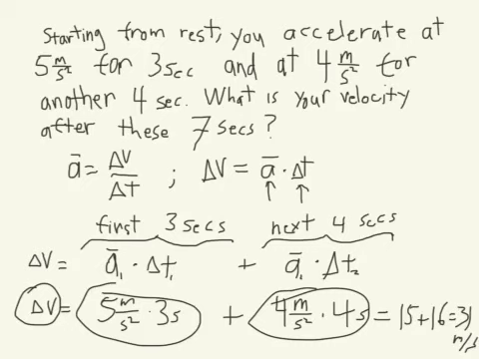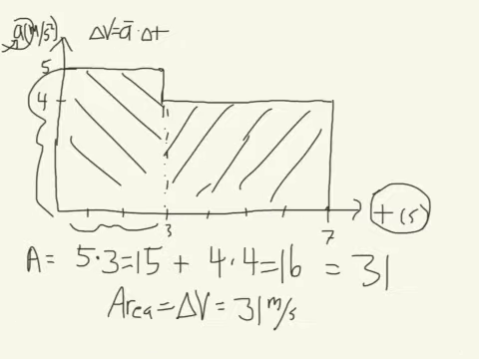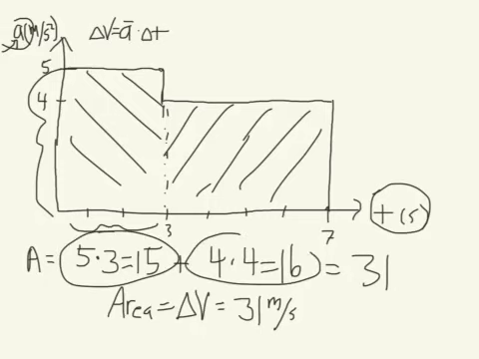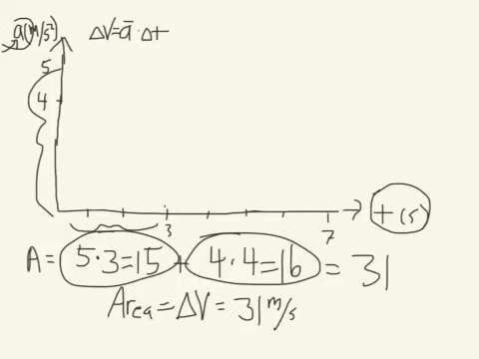Here was our 16 for the next 4 seconds. We added them together, got 31. And compare that to the areas of these two rectangles. This is a really handy thing to remember if you have a graph where it's hard to break it into specific sections. In that case, you'd have to use calculus, which is another video for the 241 students.